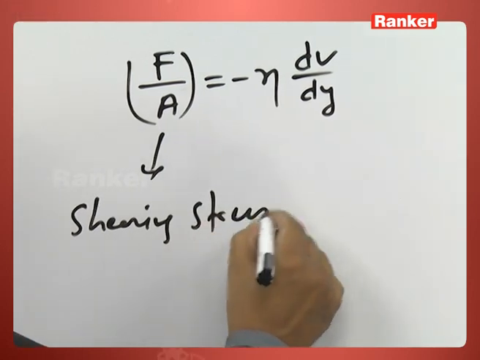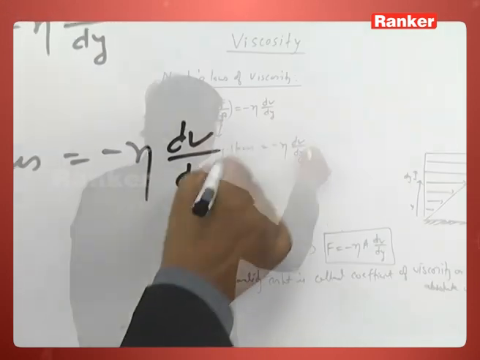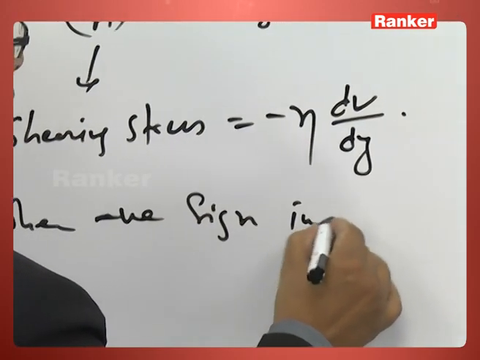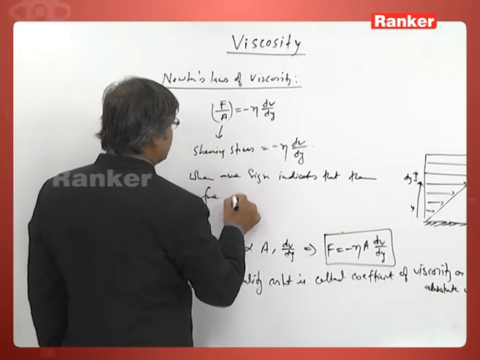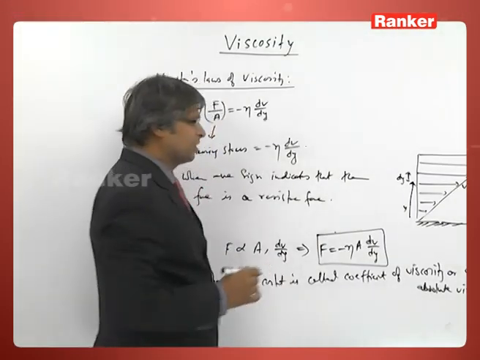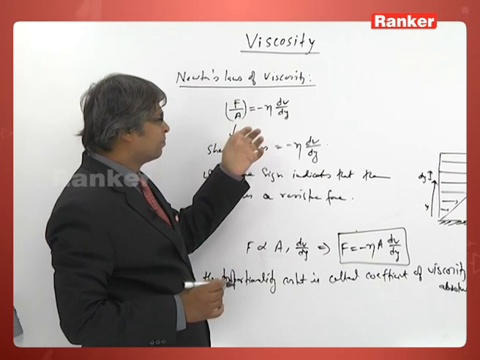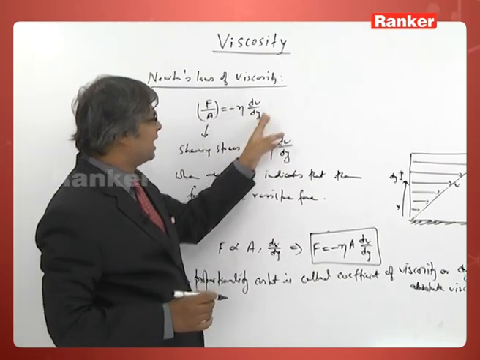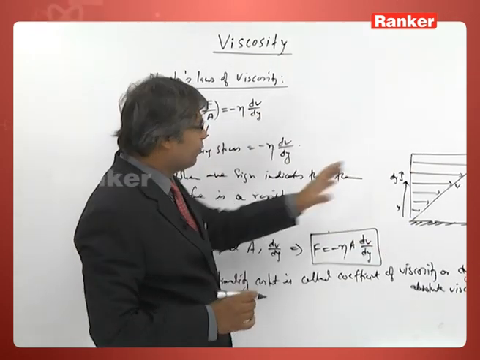So, you see here the liquid applies a shearing stress equal to minus eta dV by dy, where the negative sign indicates that the force is a resistance force. This is the stress which the liquid will apply, that is the shearing stress applied due to viscous forces, which is found to be directly proportional to the velocity gradient of the fluid profile.